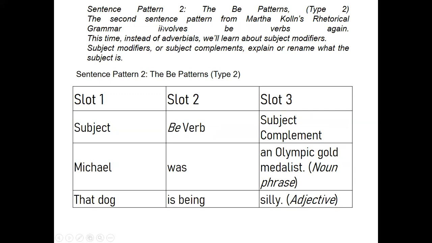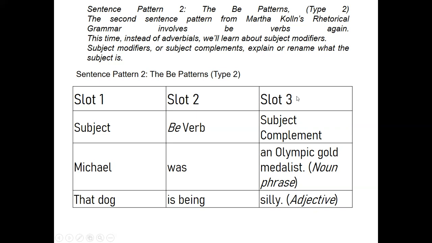Next, sentence pattern 2, the be patterns type 2. The second sentence pattern from Collins' Rhetorical Grammar involves be verbs again. This time, instead of adverbials, we will learn about subject complements, which explain or rename what the subject is.